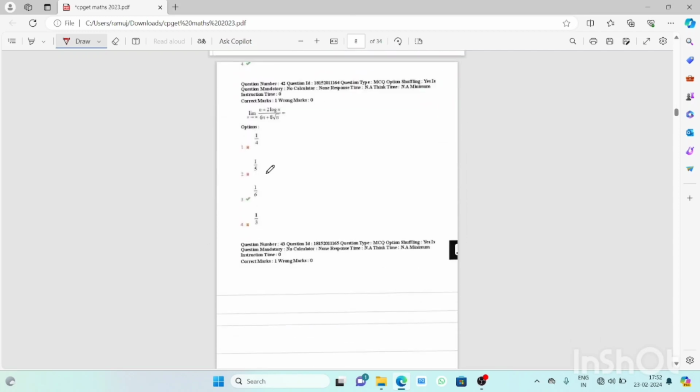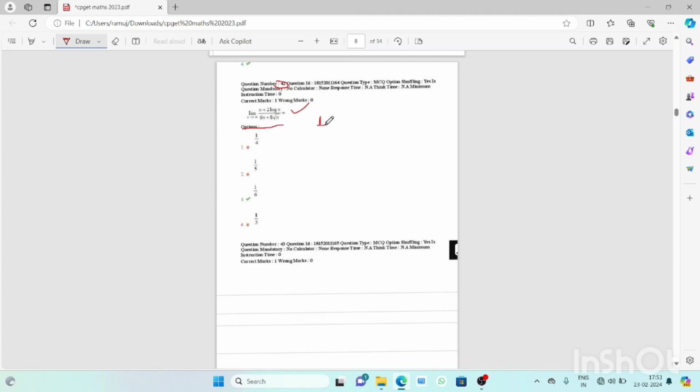So we get question 42. He is asking the limiting value, limit n tends to infinity of n plus 2 log n divided by 6n plus 8 root n. So for this we just apply the limit. Before applying the limit, I just do one thing, I take the common n here.